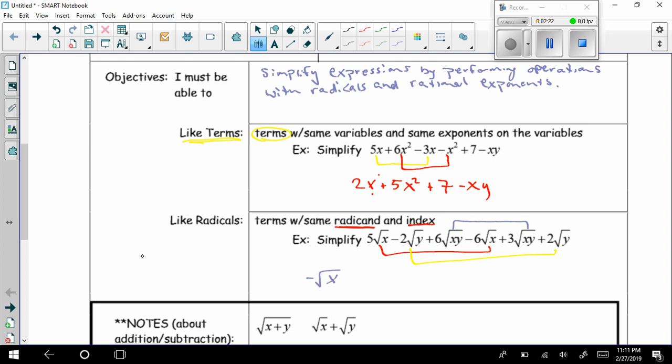So when we add or subtract these, only the coefficient changes, which if you look up here, it's the same rule. Okay, so negative root x, these cancel each other out because they are identical, and then we have 6 root y plus 3 root xy is 9 root xy.